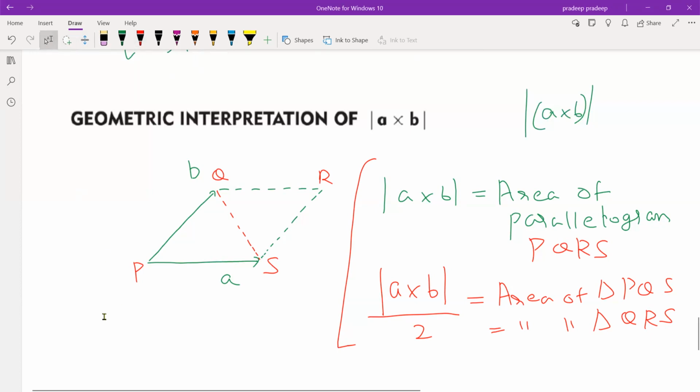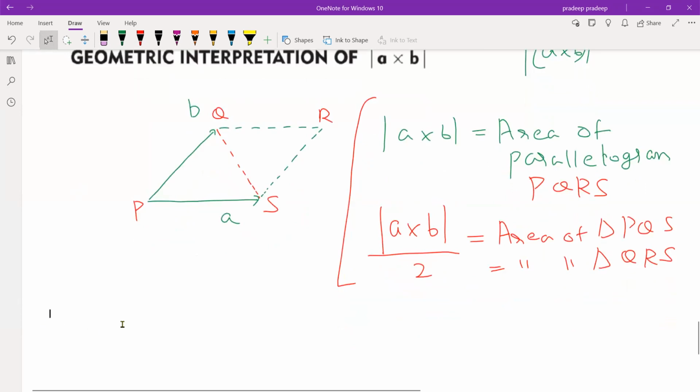And once you are done with this, I'm going to write a question. Based on this, try to solve this question.